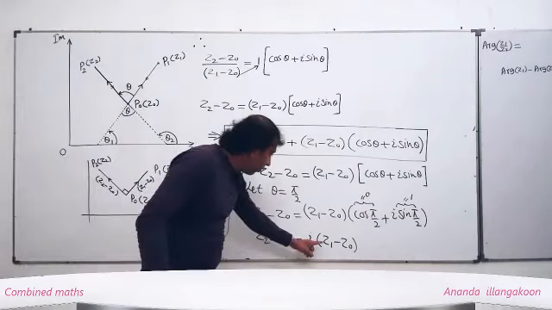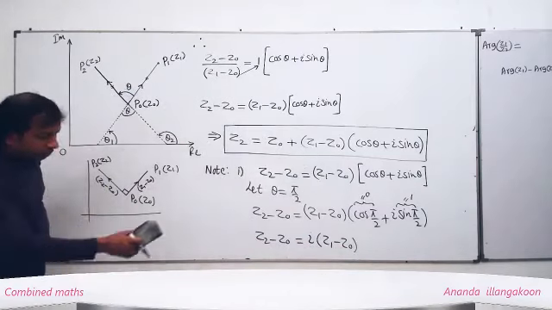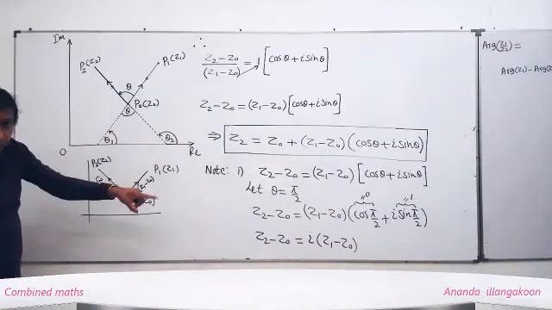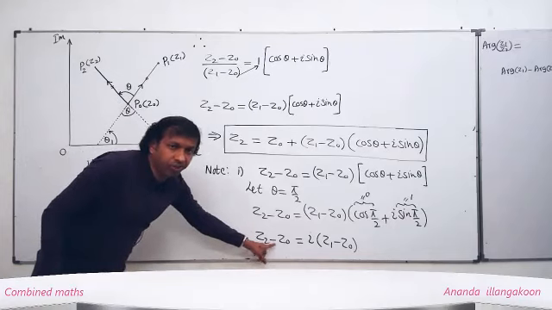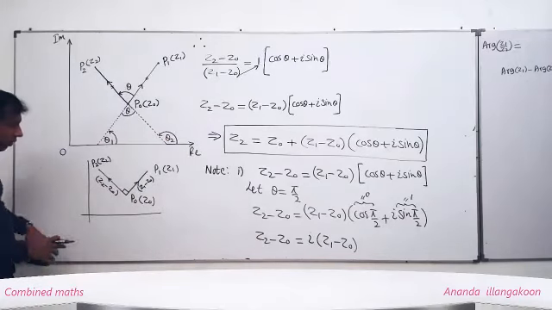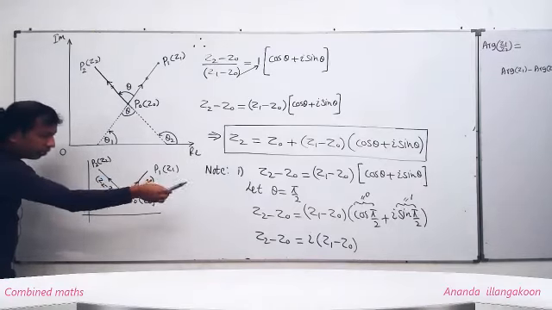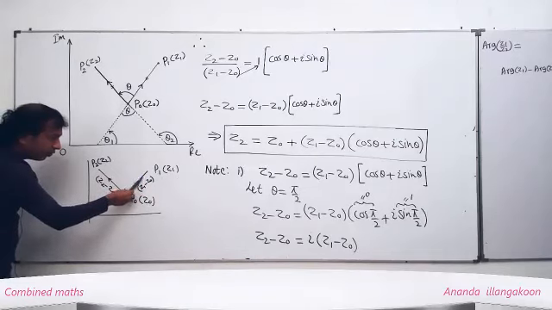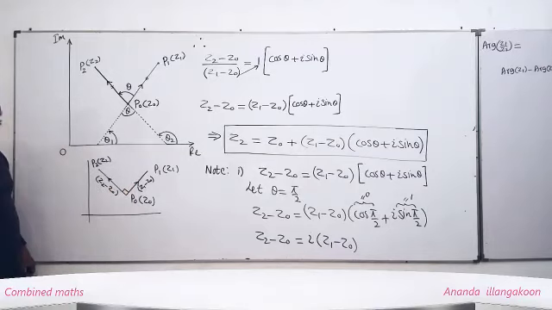Then what can you understand by this result? The complex number Z1 minus Z0 is multiplied by i. After multiplying it by i, what has happened to it? It becomes Z2 minus Z0. Where is this Z2 minus Z0? It is this. That means once we multiply the complex number Z1 minus Z0 by i, that complex number rotates by an angle 90 in anti-clockwise sense.